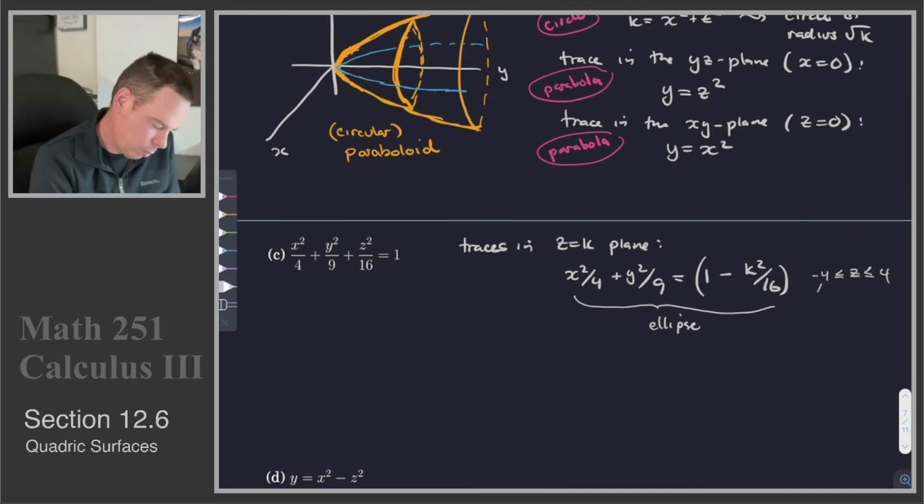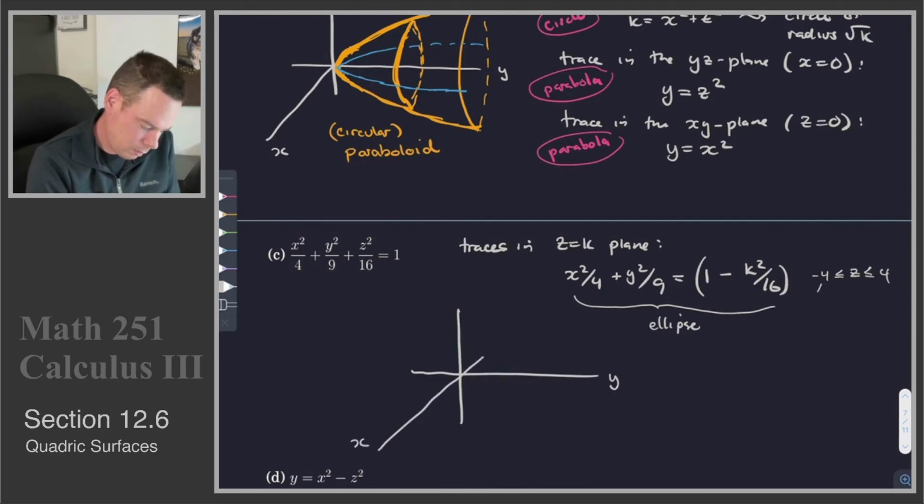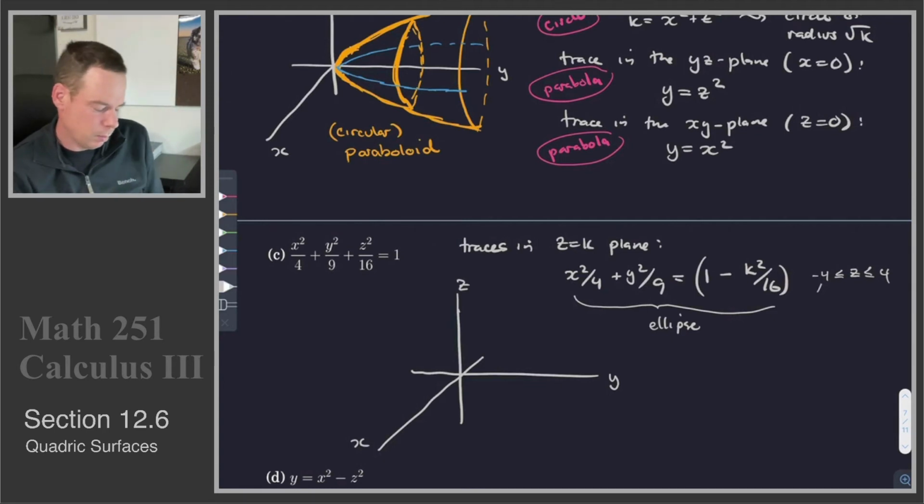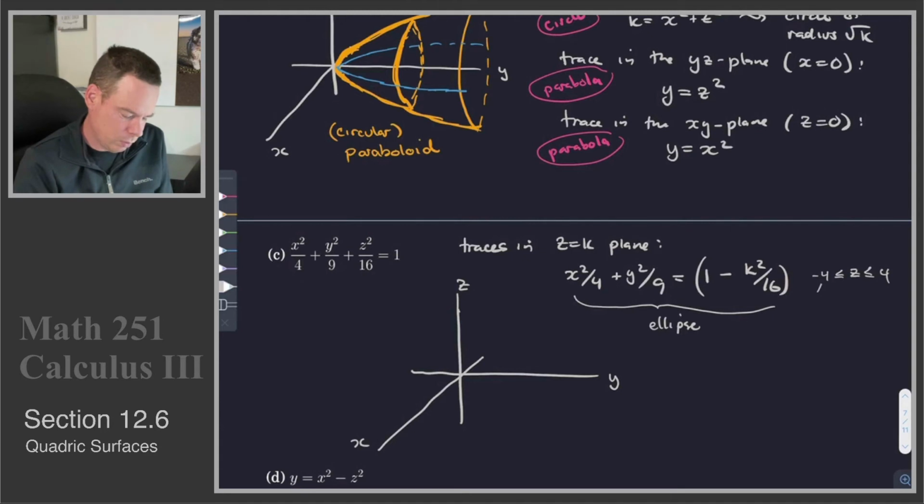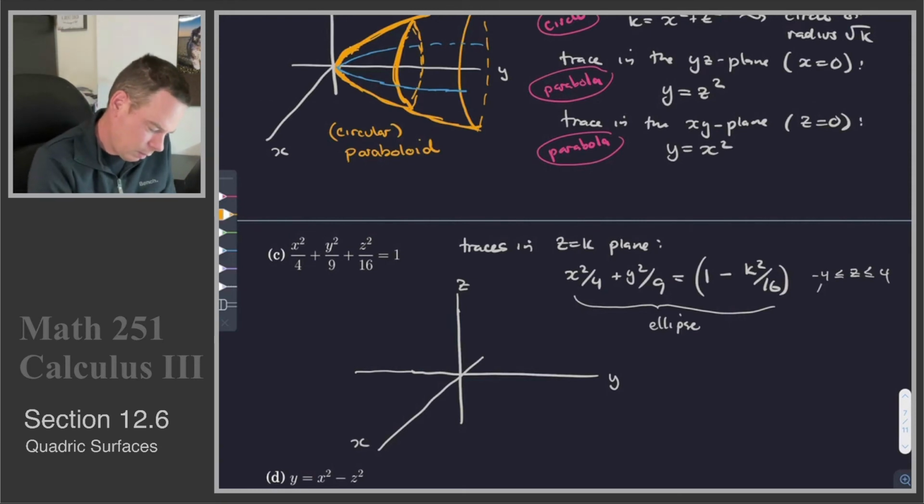So what we end up with is ellipses as we move up and down the z-axis that are getting their biggest at z equals 0, and they get smaller as we move up. When z is equal to 0, or in other words, when the trace is for the value k equals 0, we get the points 2 and -2.